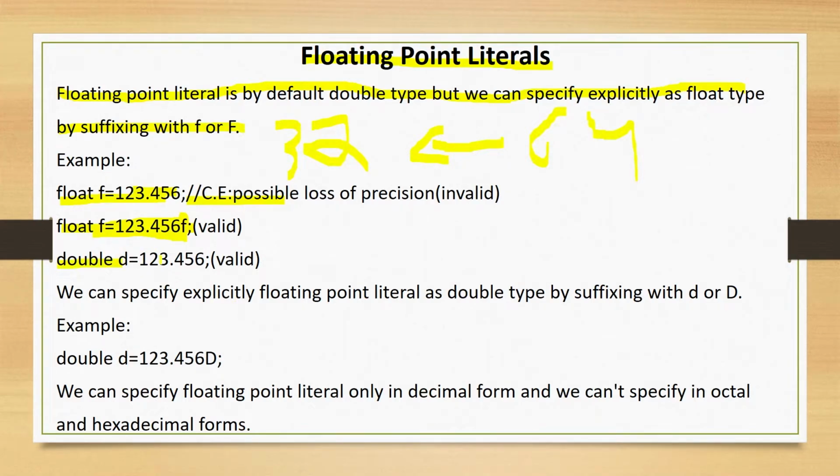So for double d, if we specify 123.456, it is valid because it is by default of type double, and the range of double can very well accommodate this number. And then we can specify a floating point literal explicitly as a double literal by suffixing it with D. This D is redundant here.